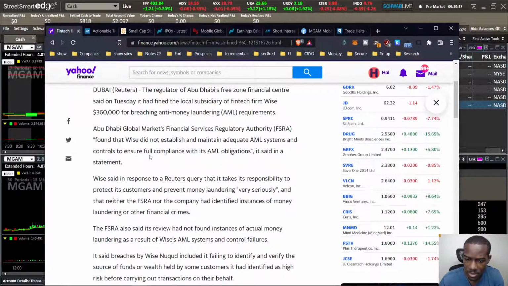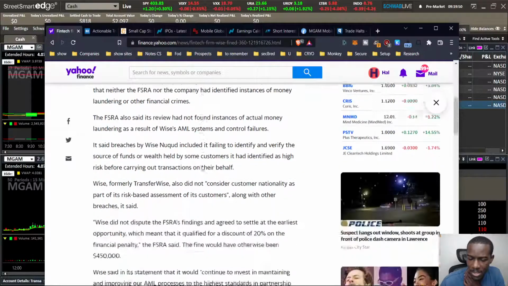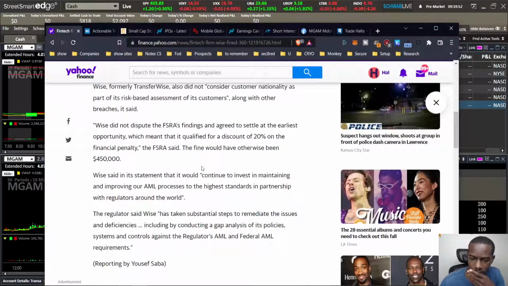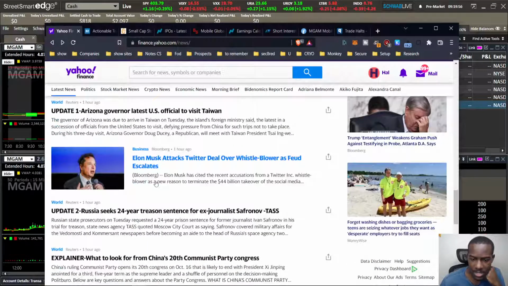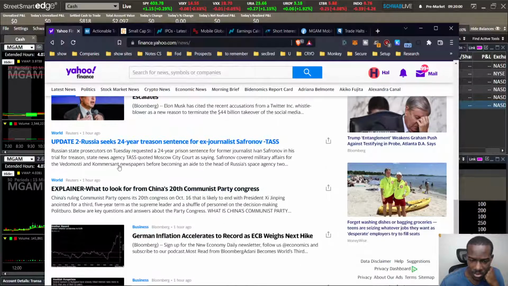Okay. Financial Services Regulatory Authority found that Wise did not establish and maintain adequate AML systems and controls to ensure full compliance with its AML obligations. Okay. Hmm. Not too familiar with AML. Elon Musk attacks Twitter deal over the whistleblower feud.